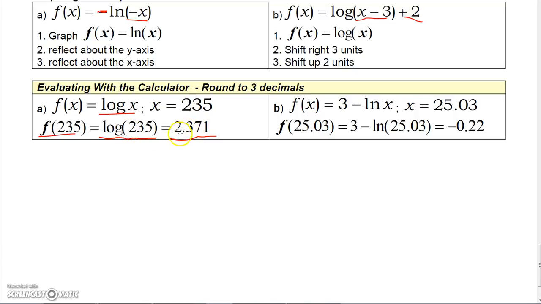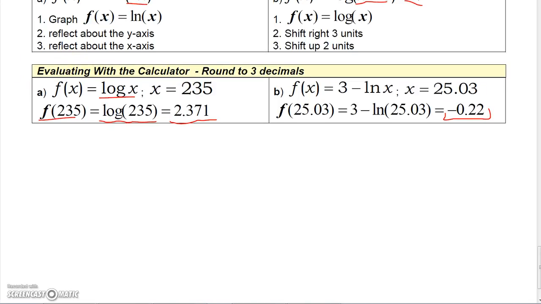So if you raise 10 to the 2.371 power, you'll get 235, approximately anyway. Alright, and then this one says 3 minus natural log of x, and if you evaluate that function at 25.03, you get 3 minus the natural log of 25.03. Do this calculation on your calculator and make sure you can get negative 0.22.